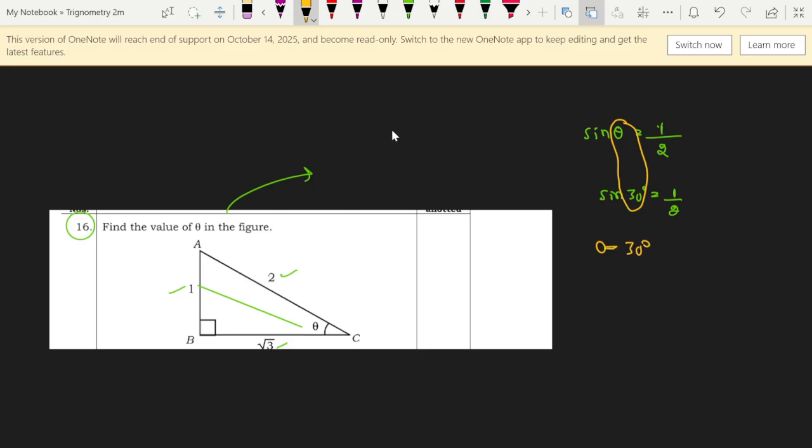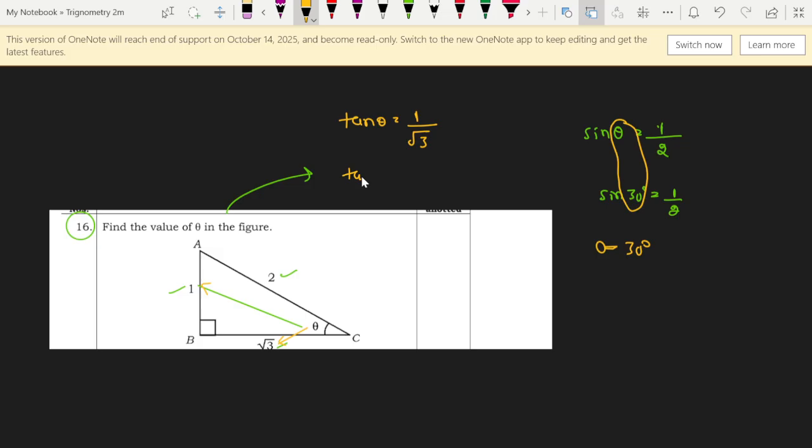Now, sir, I don't remember the value of sin theta, I remember only tan theta. Some students say that. Okay, take tan theta. Tan theta is opposite side, or the perpendicular side, that is 1, by adjacent side, that is root 3. Now, for what value of theta do we get tan theta as 1 by root 3?